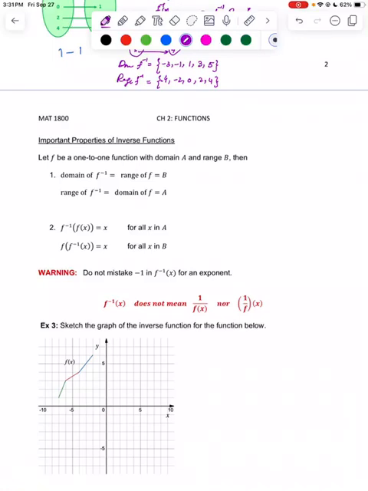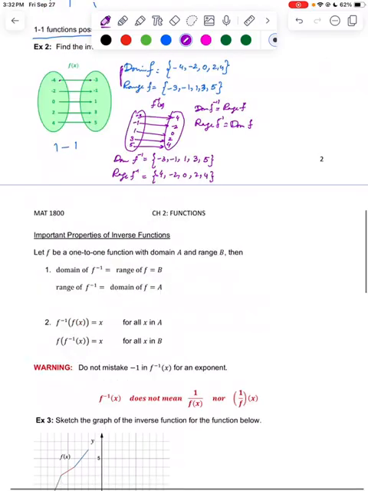Hello. So continuing with section 2.8, we learned what inverse functions are and what the notation is, and we saw a couple of examples where the function is given as listed values, so we can see whether the function is one-to-one or not, like this example that we saw.